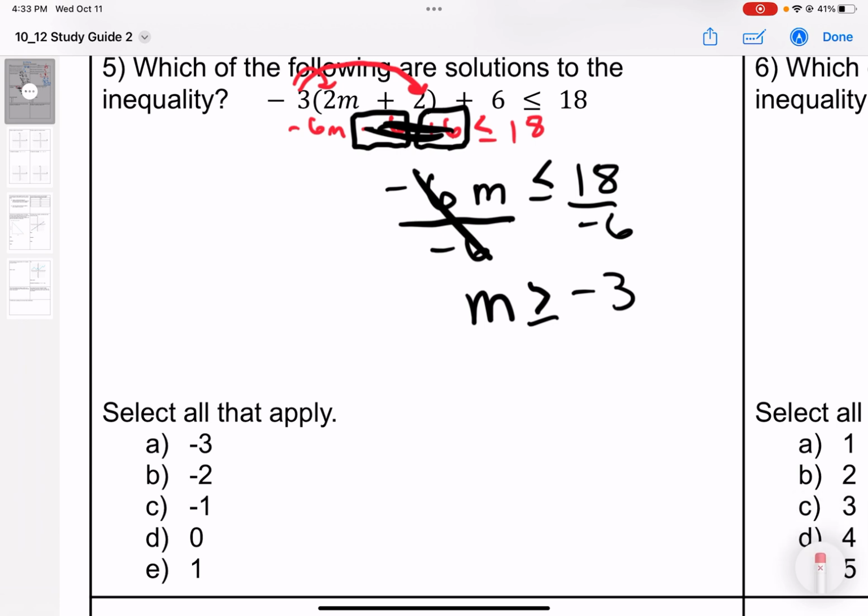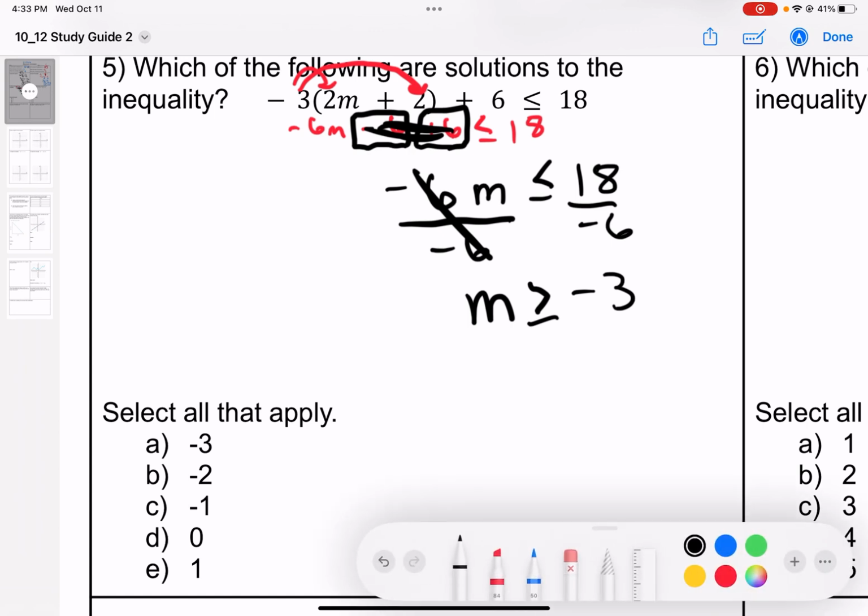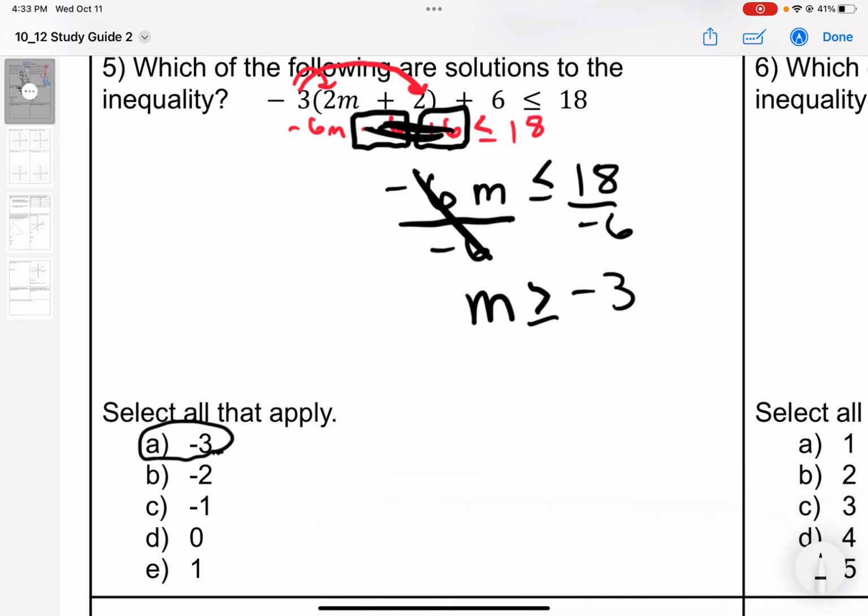Well, negative 3 is greater than or equal to negative 3, right? Because it's equal to. Negative 2 is also greater than. Negative 1 is also greater than. 0 is bigger than negative 3. And 1. So this is all of them here, okay?